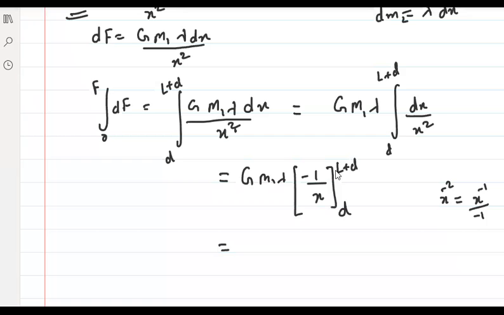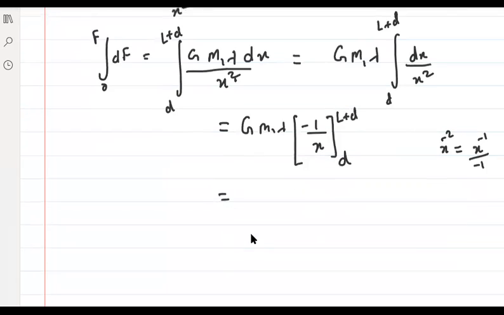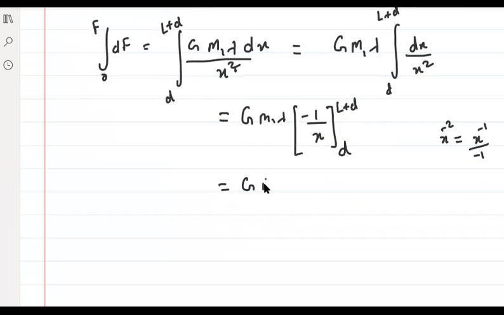And we know that we put upper limit, then lower limit. So G m1, now lambda is again capital M or m2 by L, I just put the value of lambda. Now this is upper limit, which is minus of 1 by L plus d, minus minus plus 1 by d.